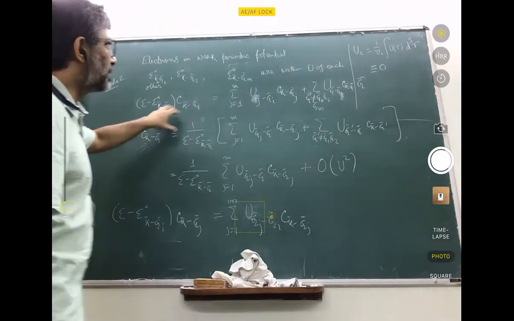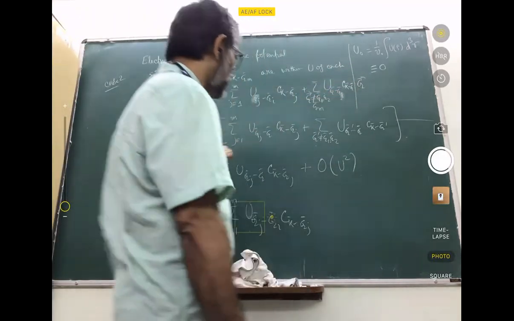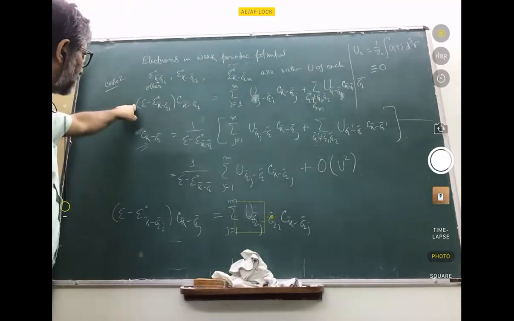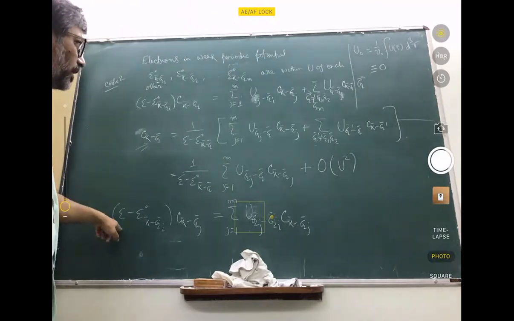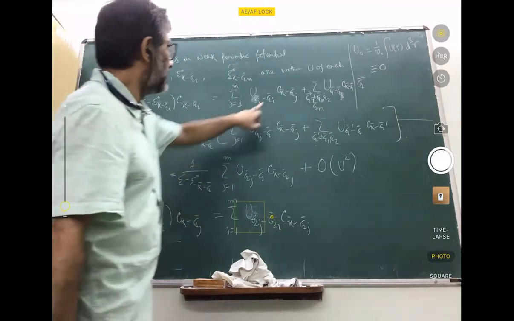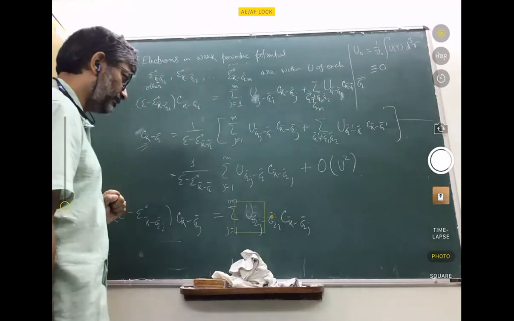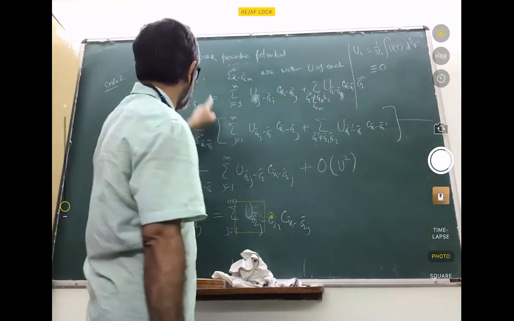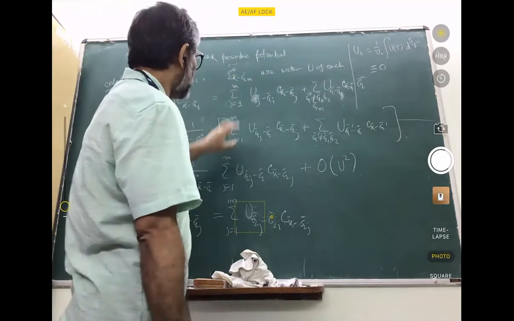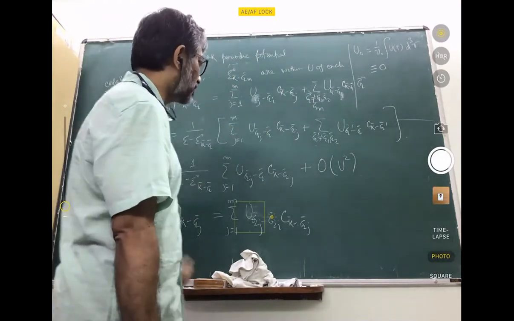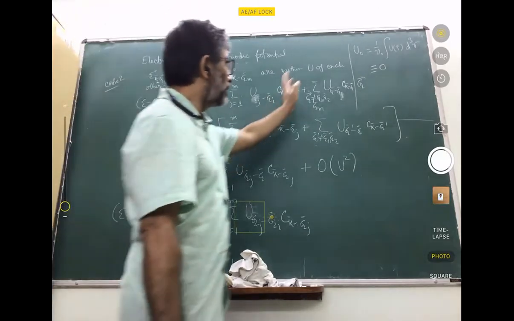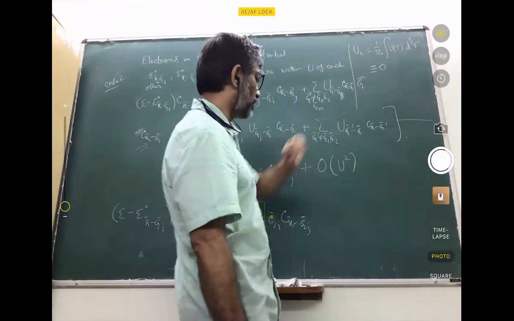Now this C_{K minus G} is plugged back into this, and then I can write this equation in this form. When you plug this in, you will get some leading term, which involves G_J's that belong to this set. Then you will have some term which is of order U squared, and some further terms of order U cubed.